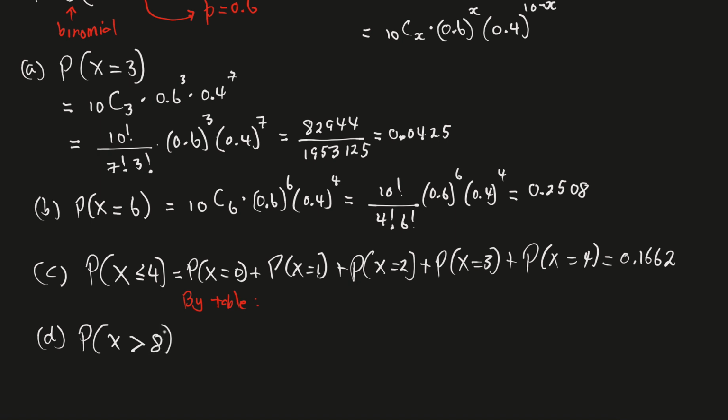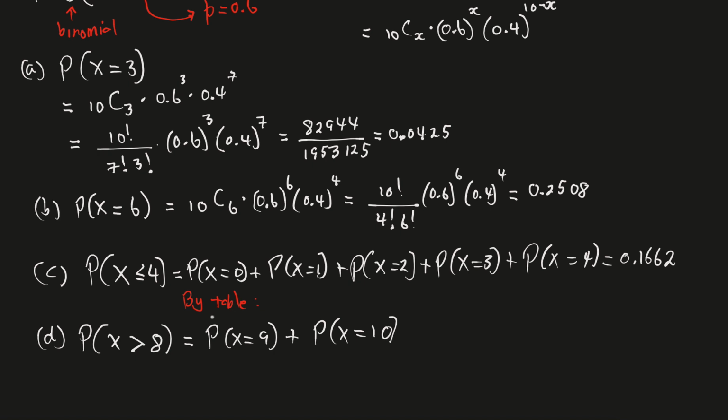Now, this one, when you think about it, greater than 8 with a maximum value of 10, these discrete values, all that's left means that your x could be 9 or it could be 10. So here you do have some options, because adding up these two probabilities is certainly a lot easier than adding up these 5. So we could do that.